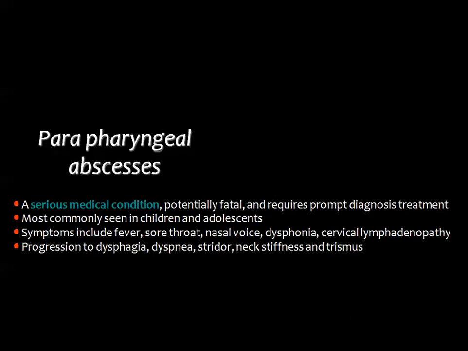Parapharyngeal abscesses are a very serious condition because of their intimate relation to the carotid sheath, and this may affect the common carotid artery, the internal carotid artery, or the internal jugular vein. The symptoms will include fever, sore throat, nasal voice, dysphonia, and cervical lymphadenopathy.